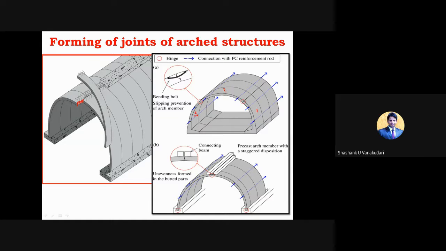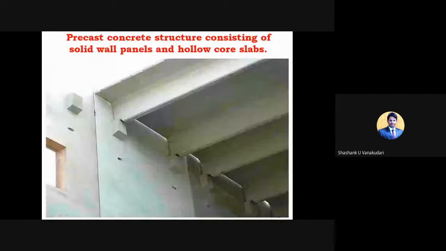Okay, so this is the precast concrete structure consisting of solid wall panels with hollow core slabs. With some additional members or the projected part of the wall portions, we are going to connect these T-beam structures, right?